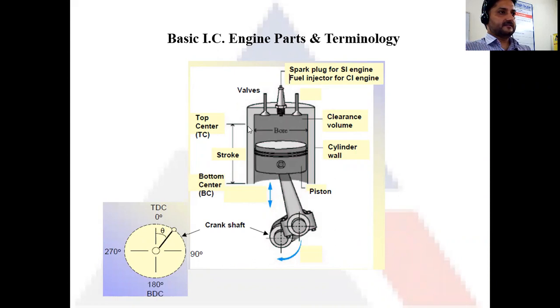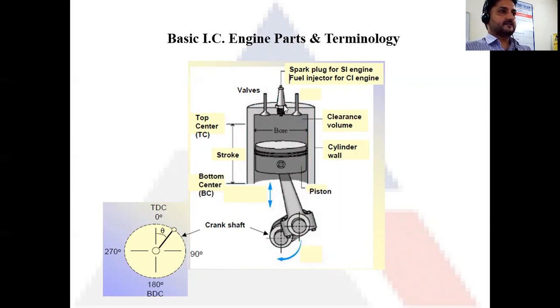The volume swept by the piston between the top dead center and the bottom dead center is known as the stroke volume, and the volume above the top dead center and the cylinder head is known as the clearance volume. In the head of the cylinder, we have two valves, the inlet valve and the exhaust valve.